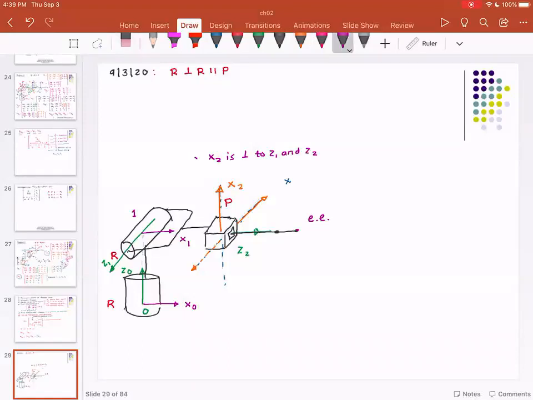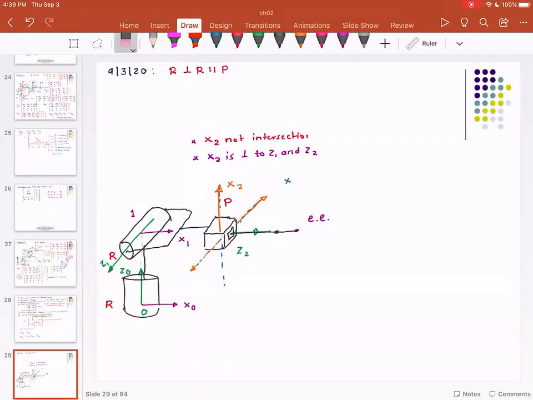However, x2 is not intersecting z1, and this is a big issue. x2 not intersecting z1, which means somehow we don't know here what to do.